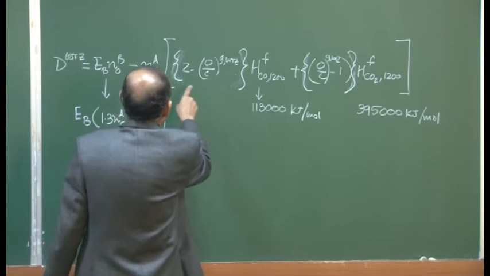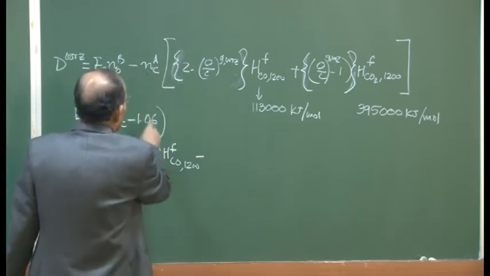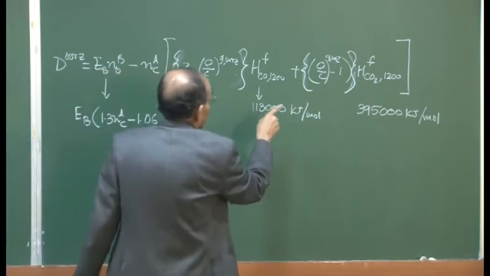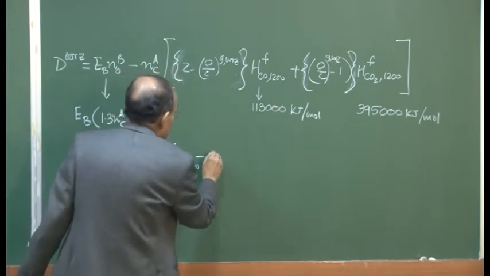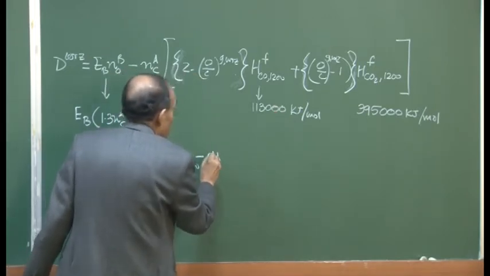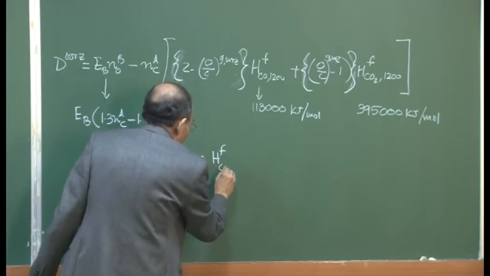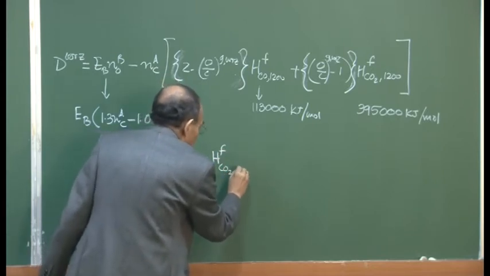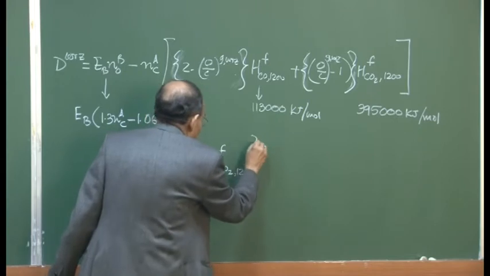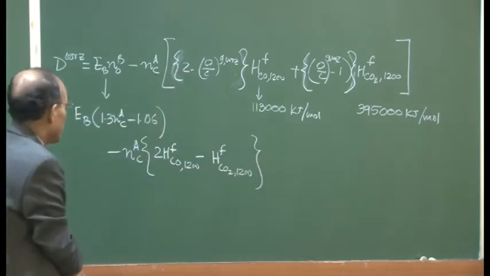So, I am opening up the bracket. So we have this, and then we have minus and minus. So this is going to be HF, heat of formation of carbon dioxide at 1200. That's going to be one particular term.